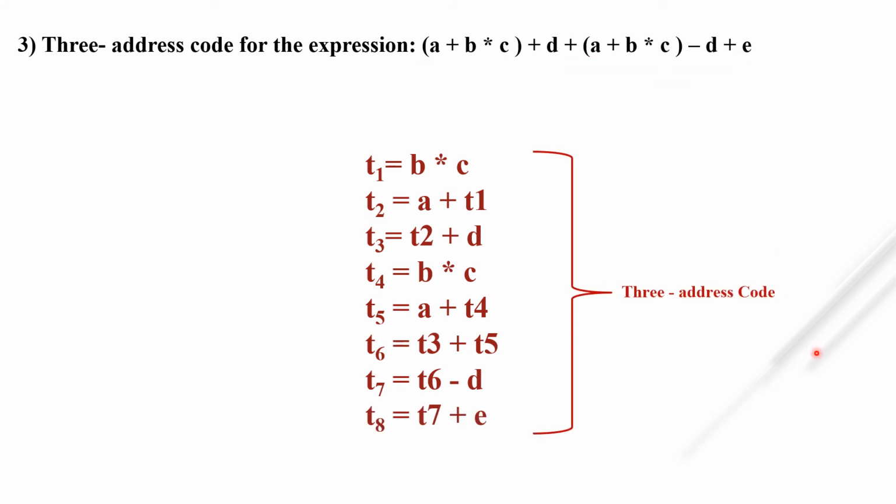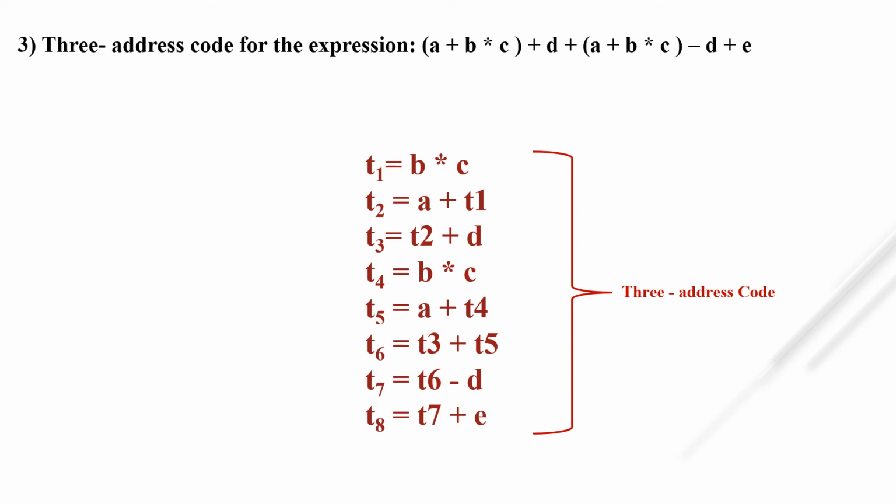So this is the 3 address code for the expression A plus B into C plus D plus A plus B into C minus D plus E. If they ask in the examination to write the 3 address code implementation, then you have to write quadruple, triple and indirect triple along with this 3 address code. But in this example, what is the question?